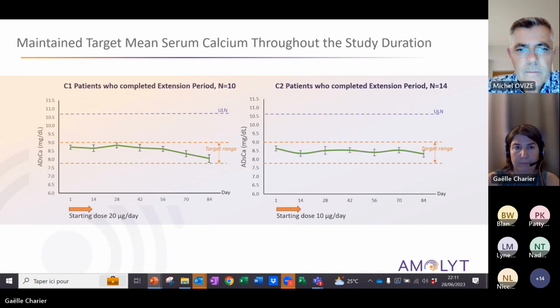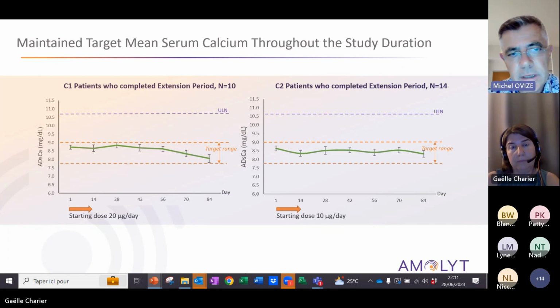Next. Of course, what is important when you switch from conventional therapy to eneboparatide is to maintain serum calcium at a certain level. In that protocol, we aimed at maintaining serum calcium into a target range, which, as you know, because this is your daily practice, was quite low, between 7.8 and 9 milligrams per deciliter.